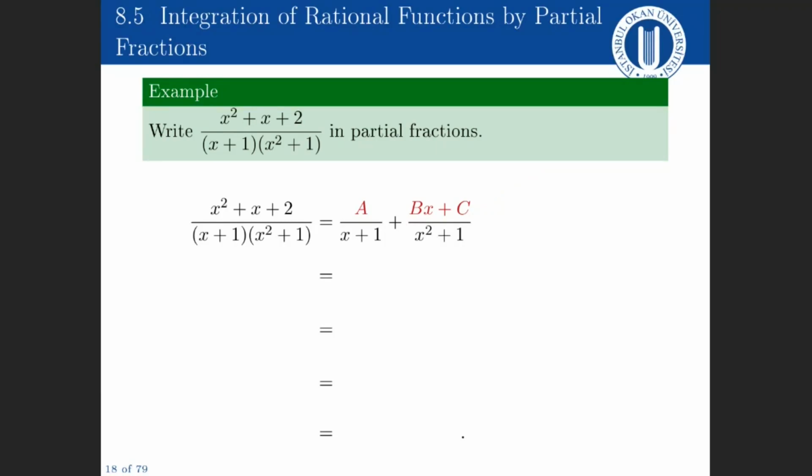Now we need to find a, b, and c. So we put everything over the same denominator. First term is multiplied on top and bottom by x squared plus 1. Second term is multiplied on the top and the bottom by x plus 1.